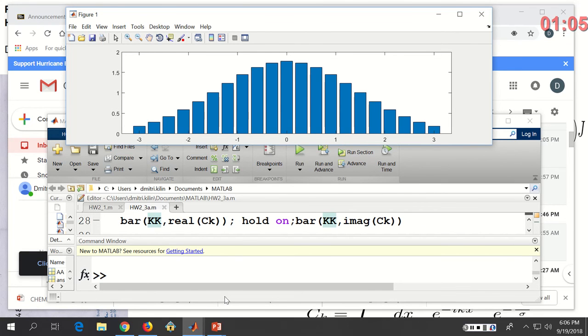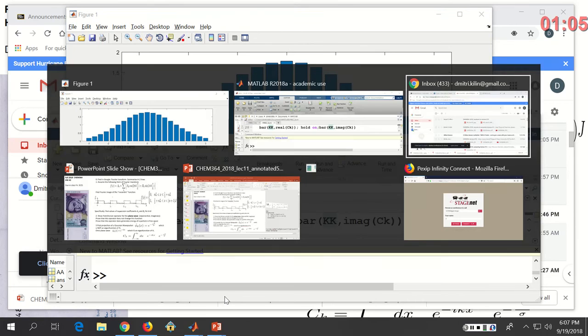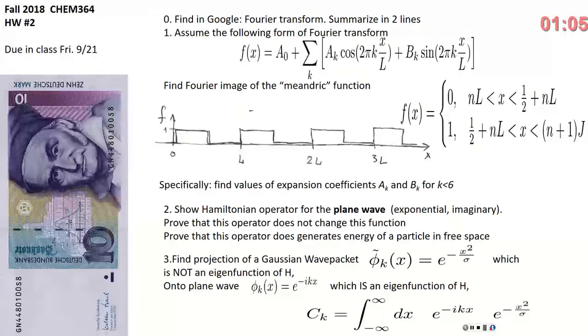So, is it clear what the question is in this problem? Not quite? It's the same thing as in number one. You have your basis functions, and your f of x equals e to the minus x squared over sigma, right?